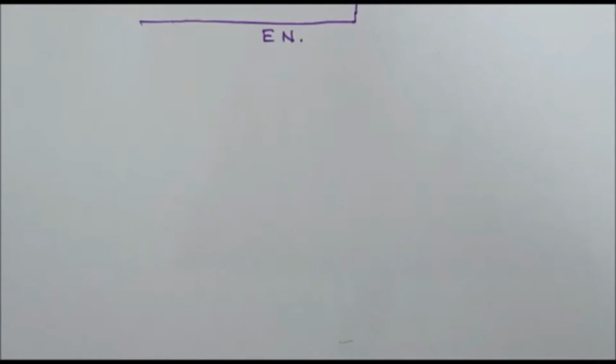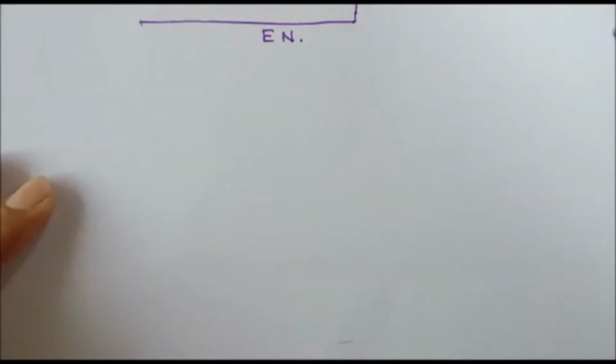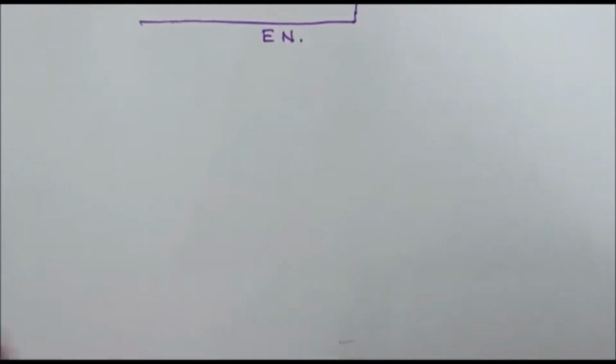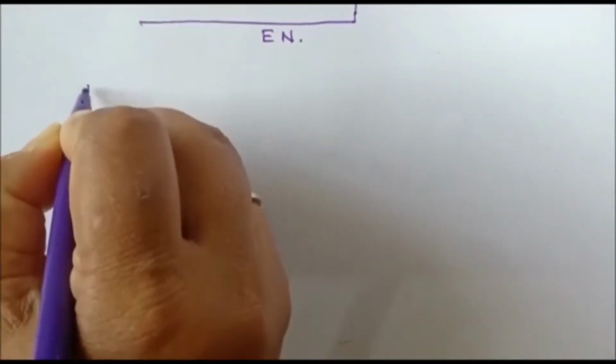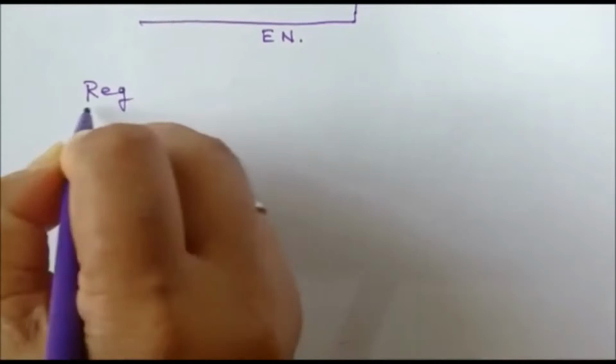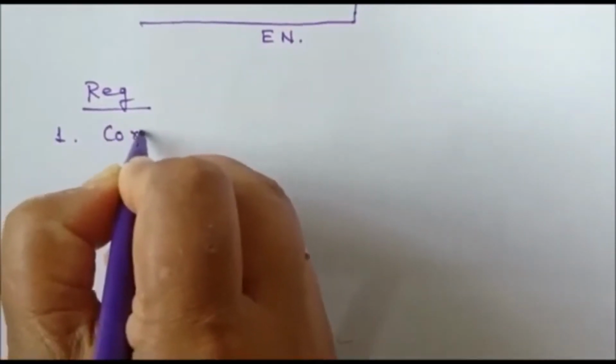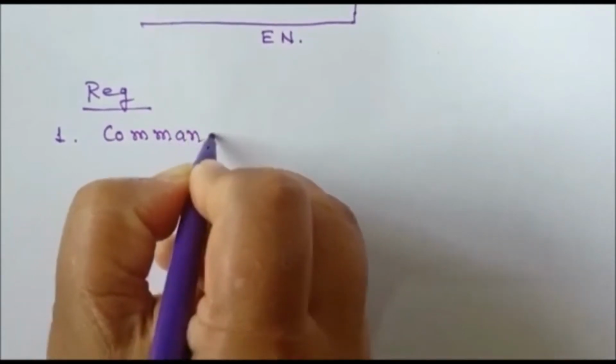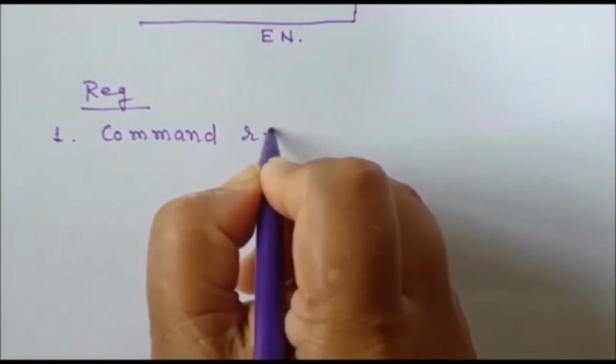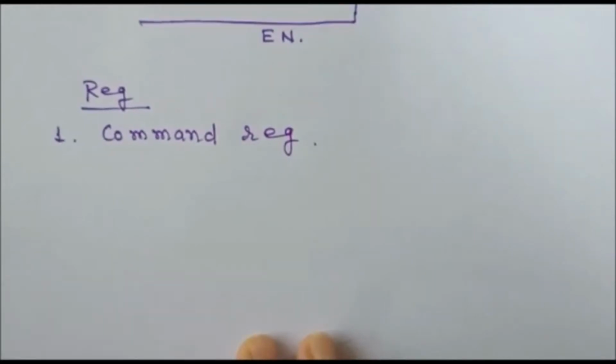Now about LCD control signals. LCD has two internal registers. The first register is command register. In command register, user can store a command such as clear display, display on, cursor on, or select LCD 16 by 2.